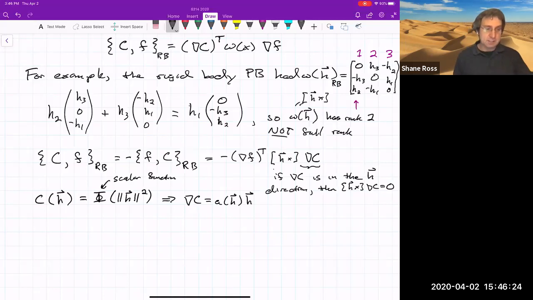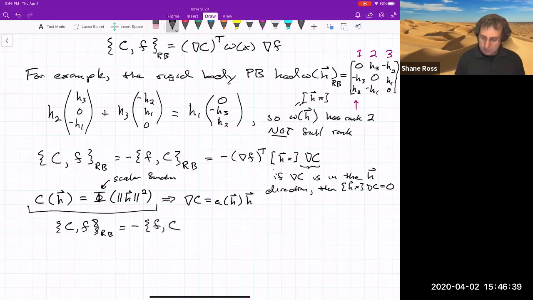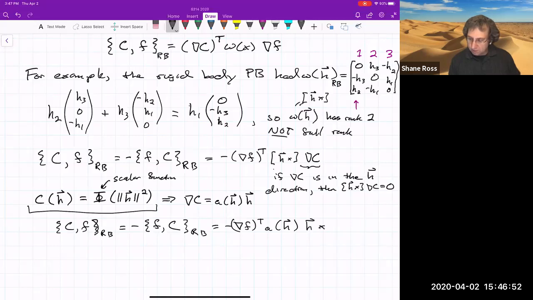So this tells us the form of the Casimir functions. They're all of this form. Because if we did C with F, rigid body, equals negative F with C, rigid body, this equals negative gradient of F transpose times h cross h, which is 0.